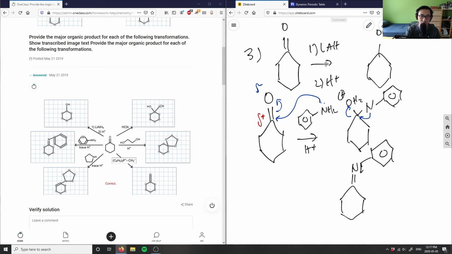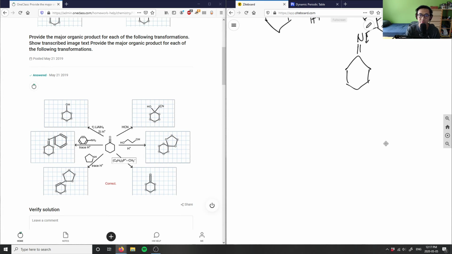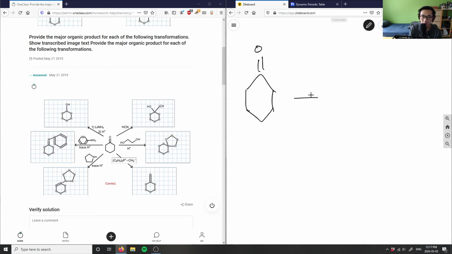And then finally what we have here is, I don't think they drew it well here, so let me redraw this one for you. You're going to react it with basically cyanide. So you have a ketone here, I'm reacting with HCN. Again, we know that this here is positively charged, so this is negative.